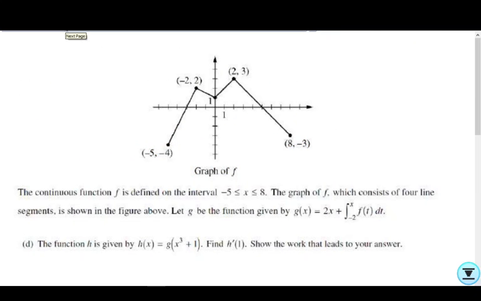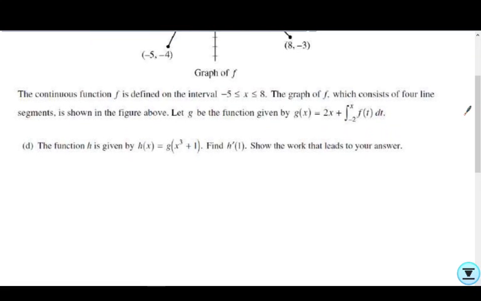And then the last part, it says the function h is given by this equation. Find h prime at 1. Show the work that leads to your answer. Okay? So the first thing we need to do before we can find h prime at 1, we need to find h prime. So when I take the derivative here, this is literally a function inside of this function.